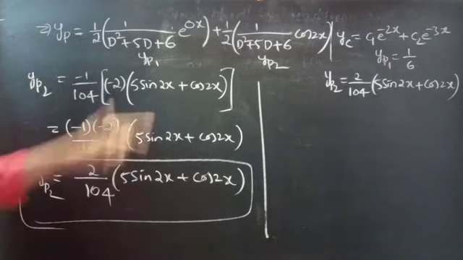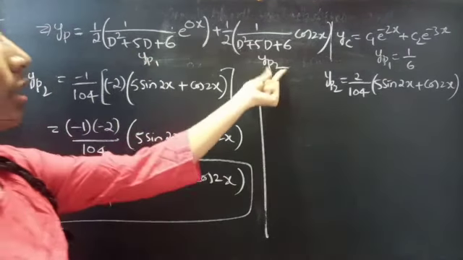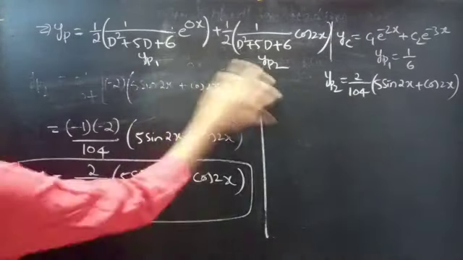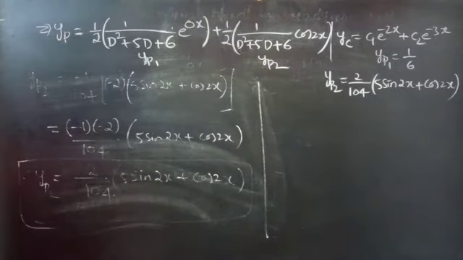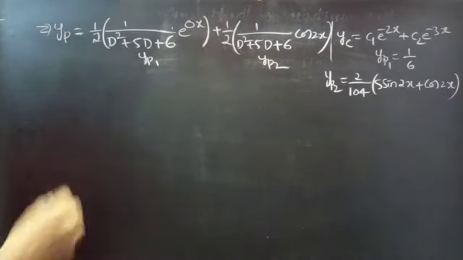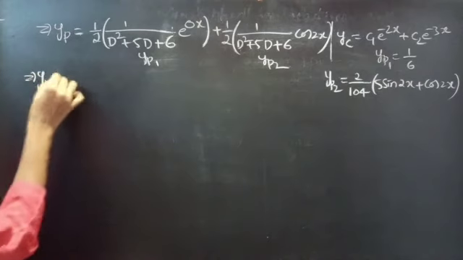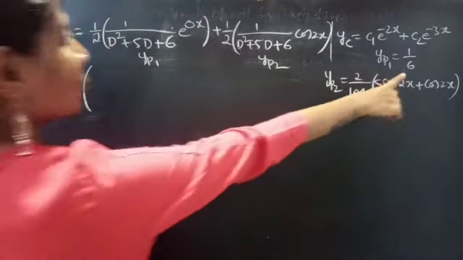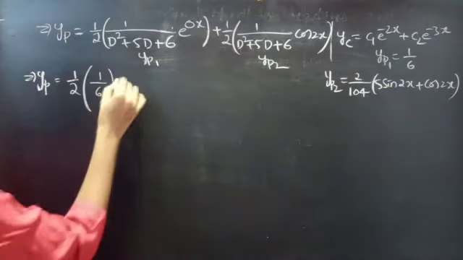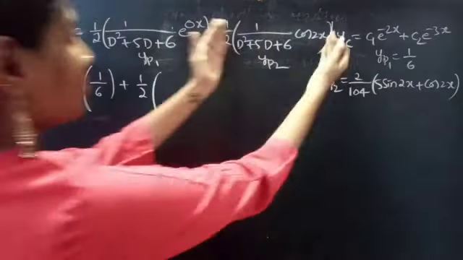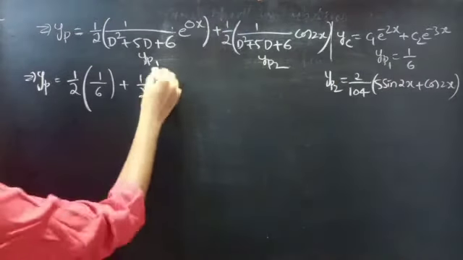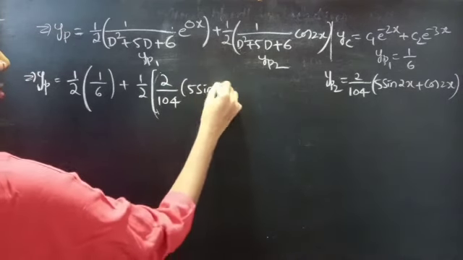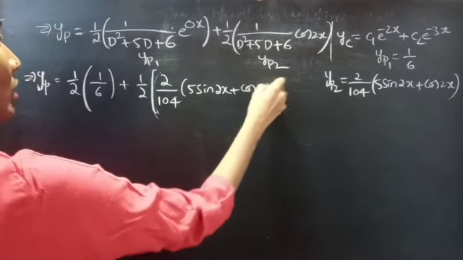Now we can replace the results obtained from YP1 and YP2 in YP. Then YP becomes 1/2 into the result obtained from YP1, which is 1/6, plus 1/2 into the result obtained from YP2, that is 2/104 (5 sin 2x + cos 2x).